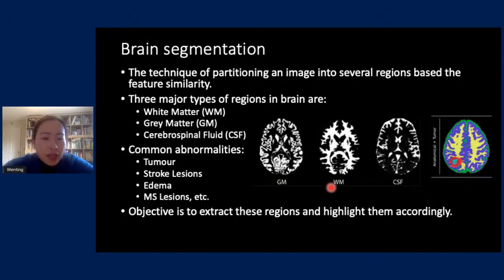So as highlighted in here. Segmentation is about trying to accurately find the regions associated with these three main types of substance in our brain.